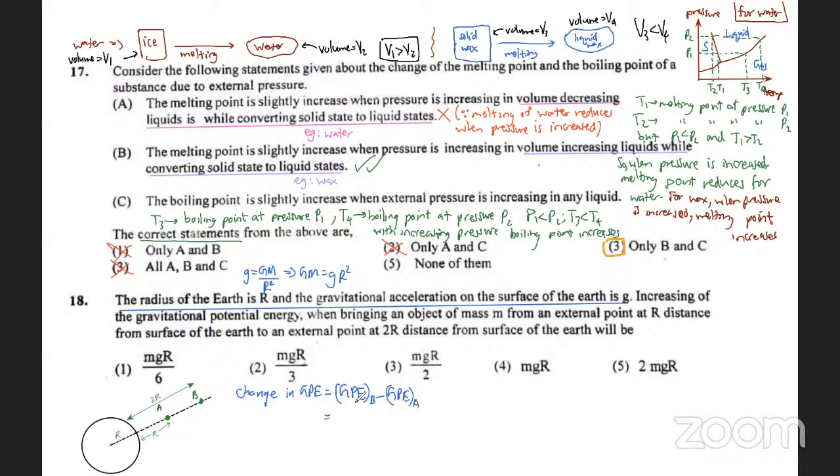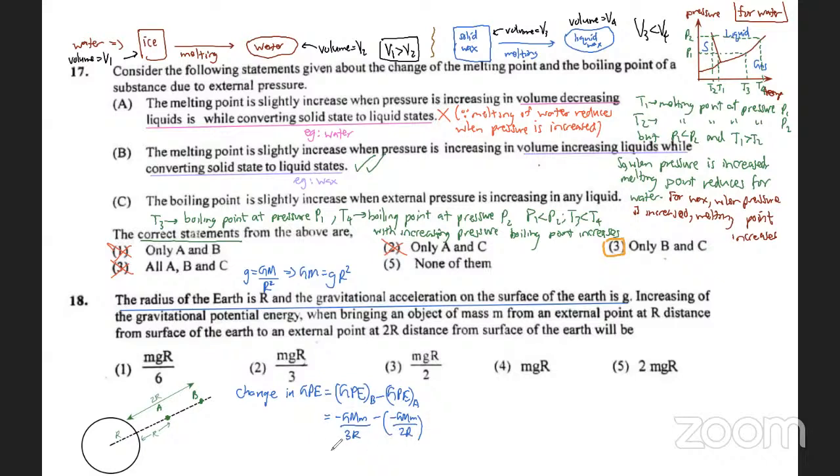What is the equation for gravitational potential energy at B? Minus GMm over 3r. You have to put from the center. Minus GMm over 2r. All right.